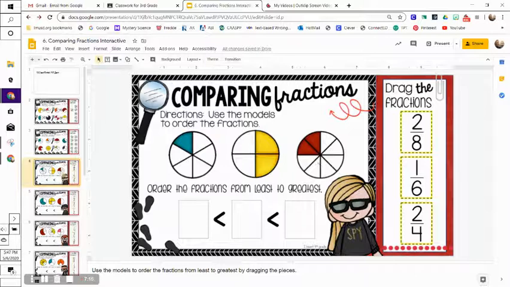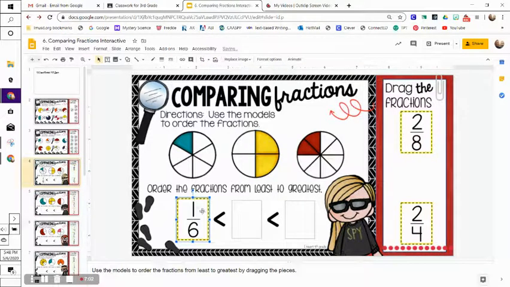So if I'm looking just at these shaded parts, this blue shaded part looks the smallest to me. So this is 1/6. I'm going to take 1/6, the smallest fraction, and put it right here. Then I'm going to compare these next 2 models. Is the yellow section or the red section a little bit bigger, but not the greatest?